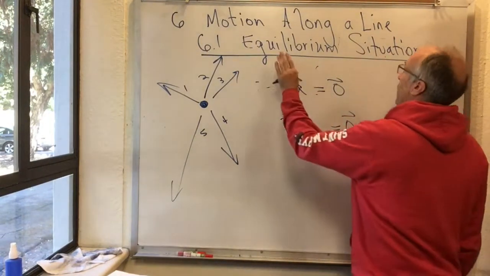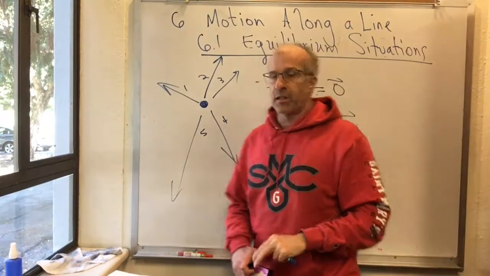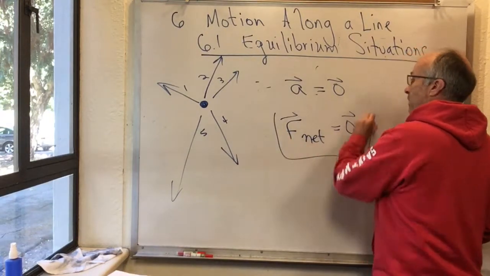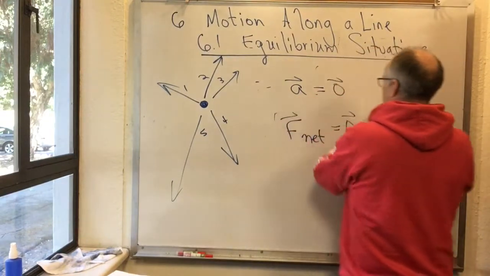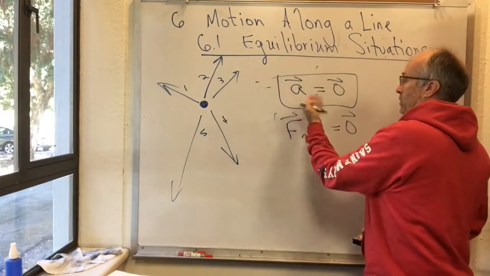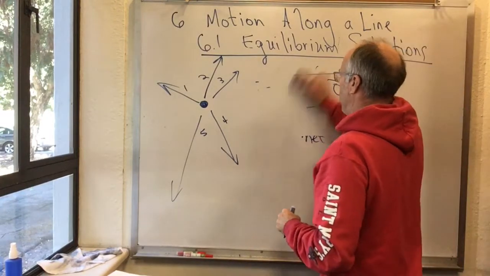So this business about equilibrium, it can go two directions. You can either observe that something has no acceleration and then deduce what that means about the forces, or you can be given a set of forces which add up to 0, in which case you deduce, if that's what you discover, that A equals 0.